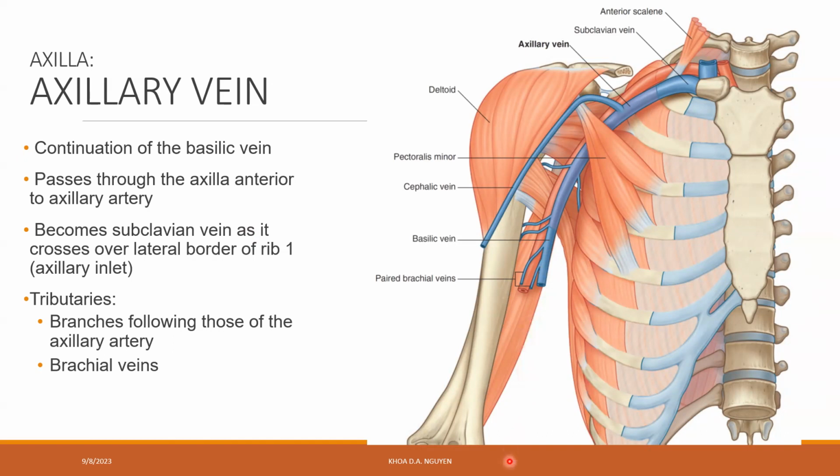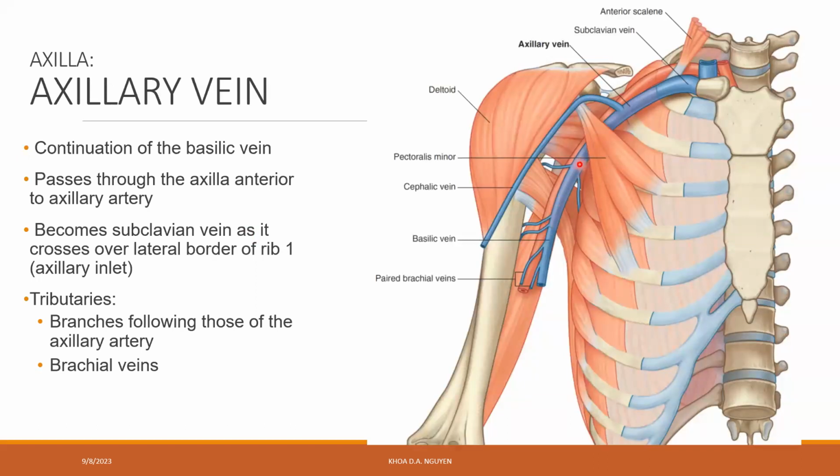And so the basilic vein is going to come down from here, pierce the superficial fascia over here, as well as the deep fascia, and go into the axillary fossa, where it becomes the axillary vein over here.